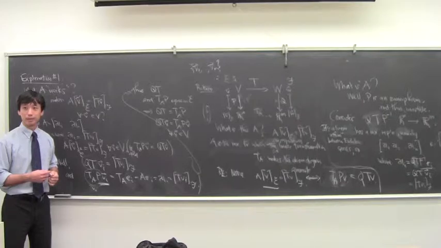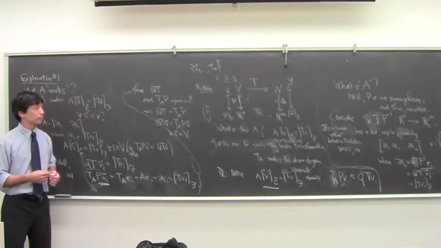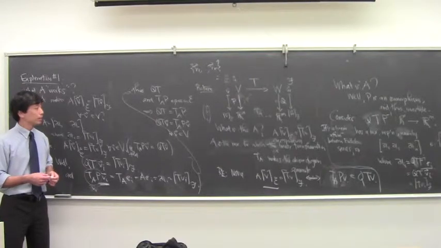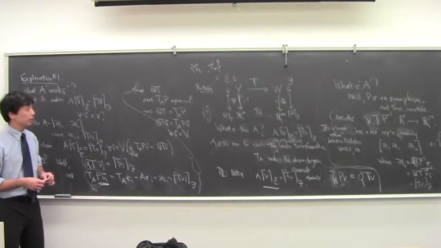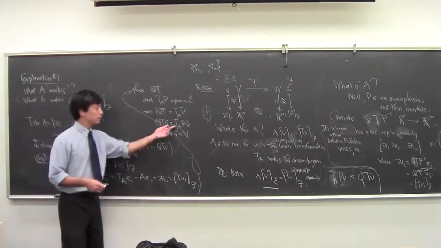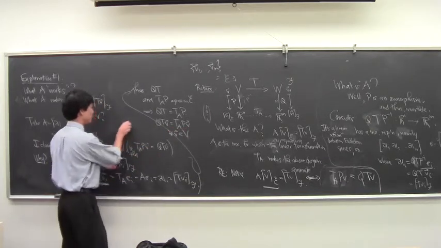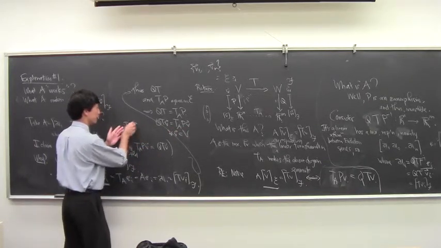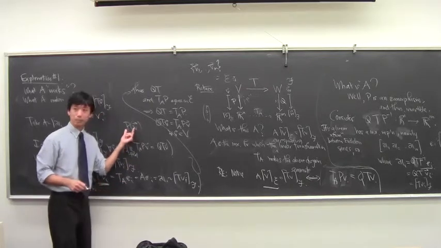Yeah, Teresa. When you're writing Pv, is it P times v, not a subscript? It's P times v. You wouldn't denote P with a subscript. No. It's P applied to v. If you want, you can think of it like this: P of v.